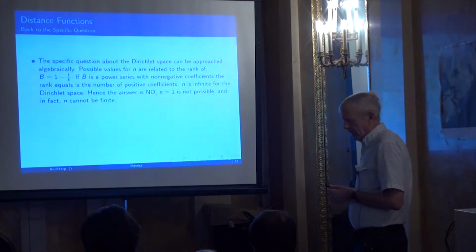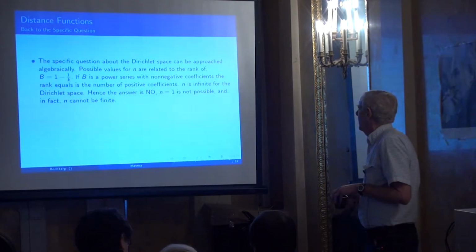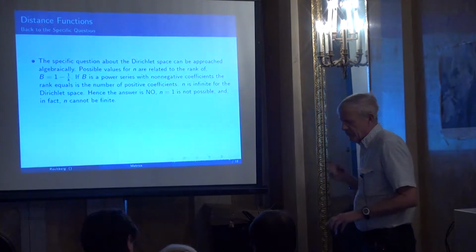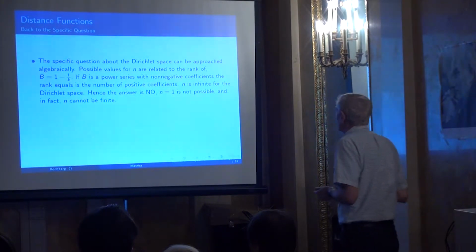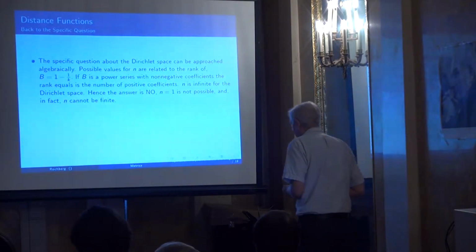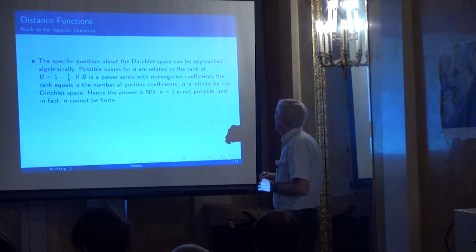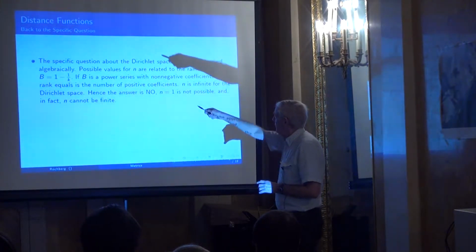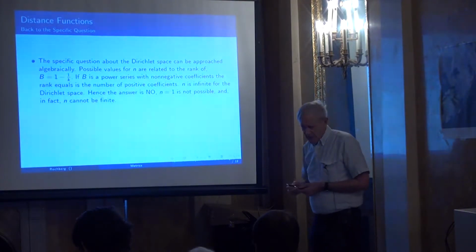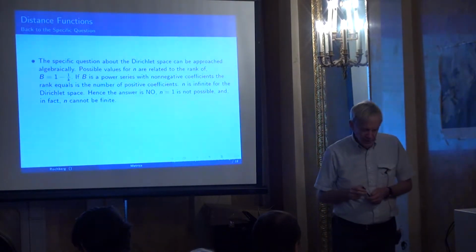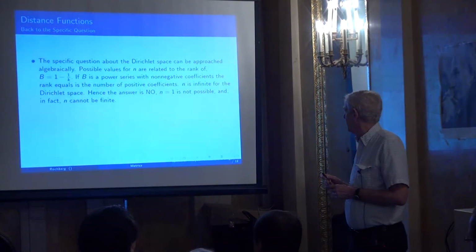Now, coming back to the specific question about the Dirichlet space, the specific question as formulated can be answered algebraically, because the hypothesis tells you that a certain thing is associated with this function b that's a positive definite kernel function. Such a function can be represented through a mapping into n-dimensional Hilbert space.